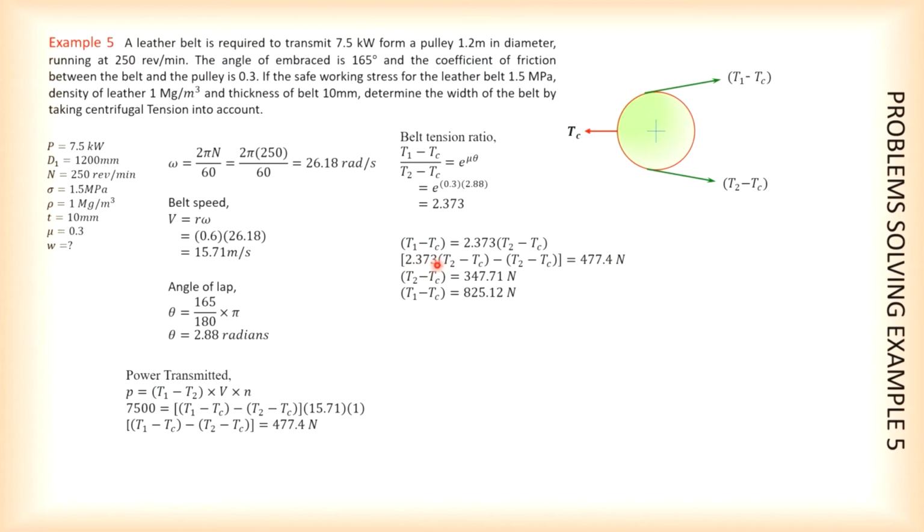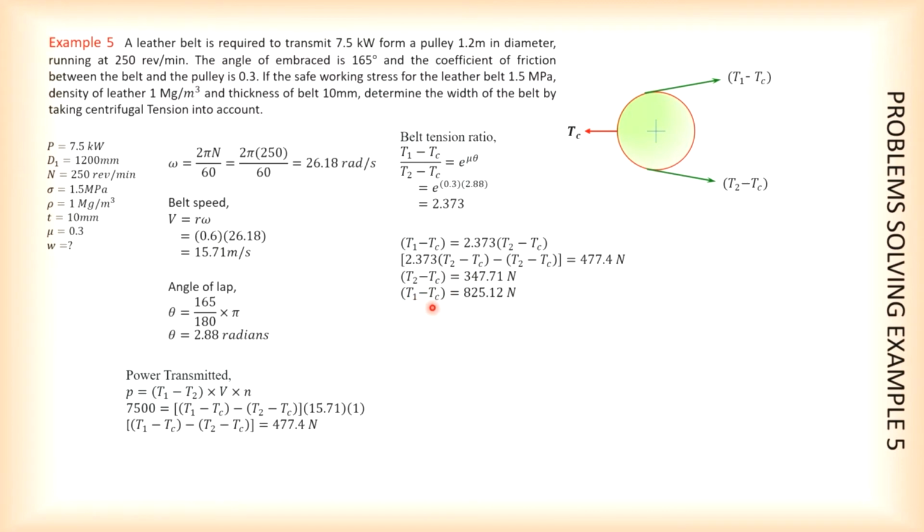Because this is 2.373 minus 1 here. This is a 1 here. So it becomes 1.373. So bring it over, you have 477.4 divided by 1.373. So you will get T2 minus TC equals 347.71 Newton.